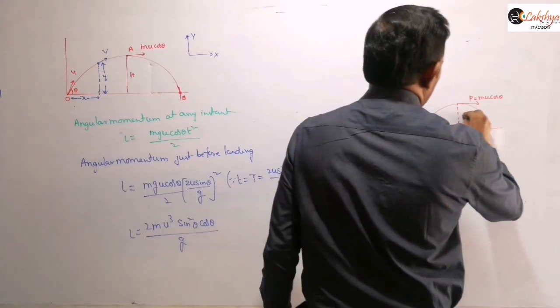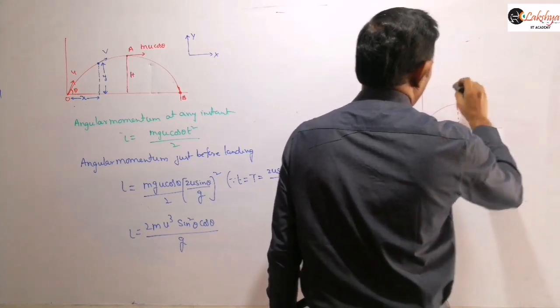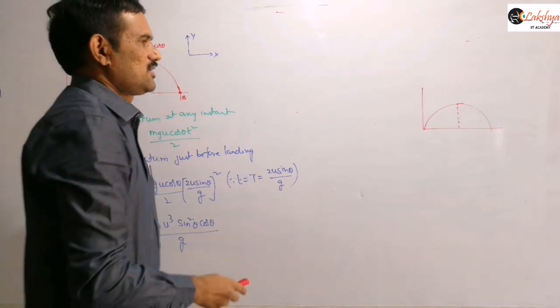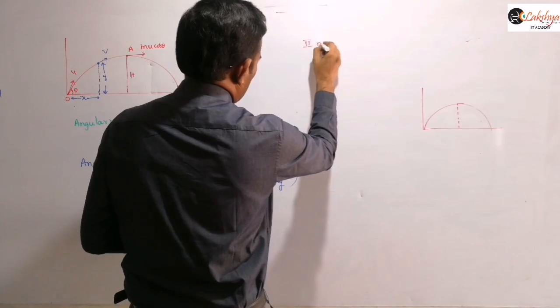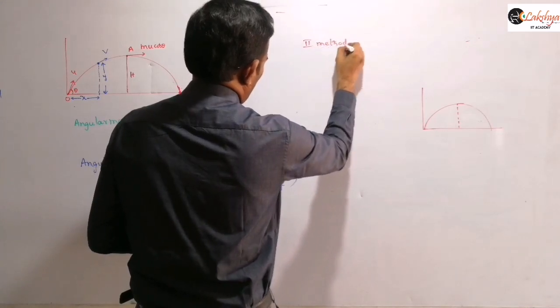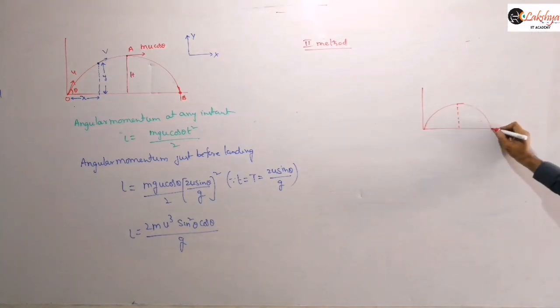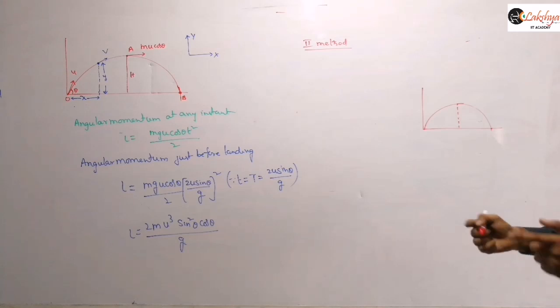If you are calculating by this method, for example, let us identify the angular momentum just before landing, and its direction. So the second method we are using for this calculation. When it is landing here, we know that two components of velocity will be there, horizontal and vertical.